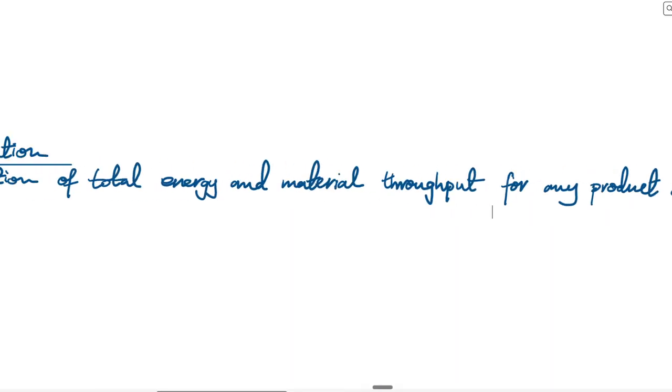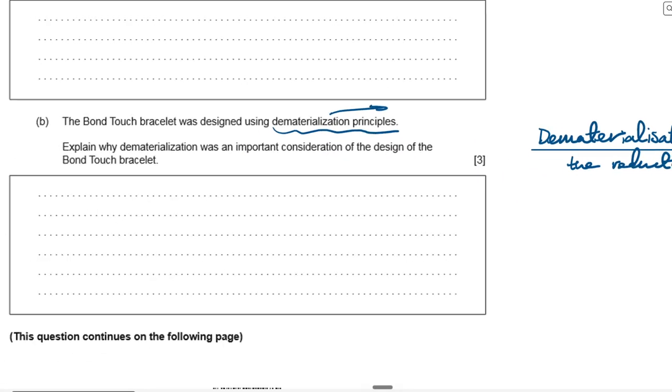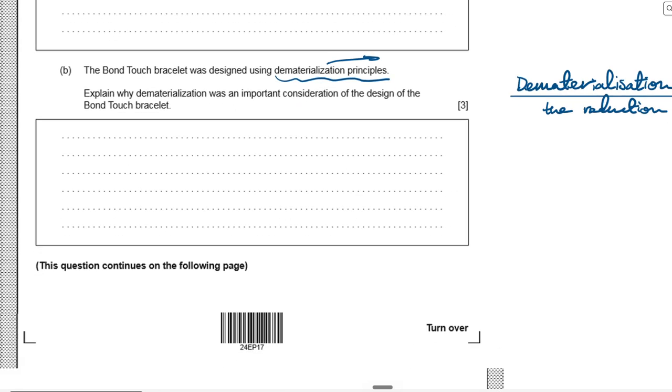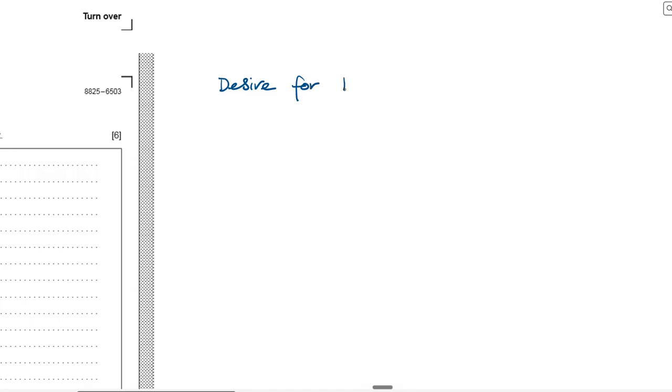Now, let's go back. Let's look at the question and the case studies. Okay, what else? Two drivers for invention. So we know our drivers, we have desire for money, right? To make money.